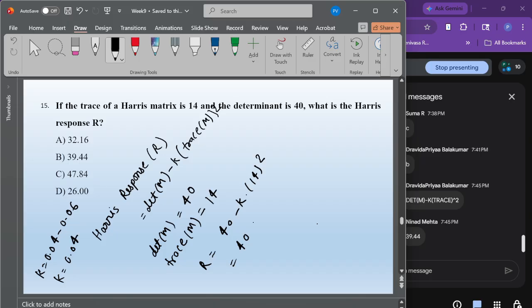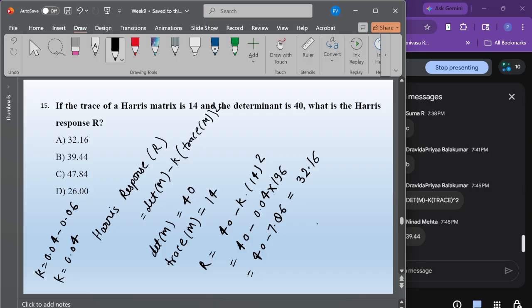So 40 minus 0.04 into 196, that is 40 minus 7.84, so overall you will get 32.16. If the K value is not given, you need to check for 0.04, 0.05 and 0.06.